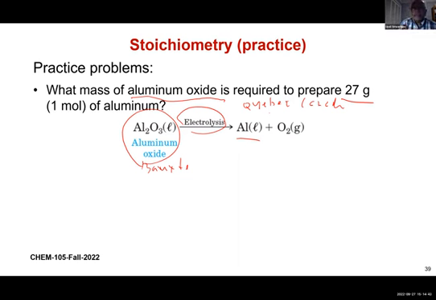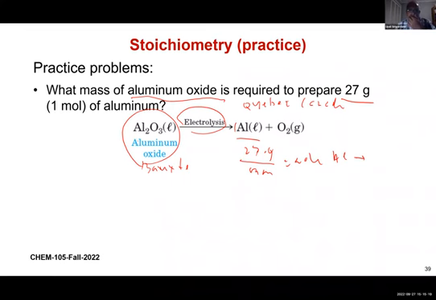So you start with 27 grams of aluminum. You convert this, divided by molar mass, to moles of aluminum. Then aluminum moles, 1 mole of aluminum is 1 to 1 here.